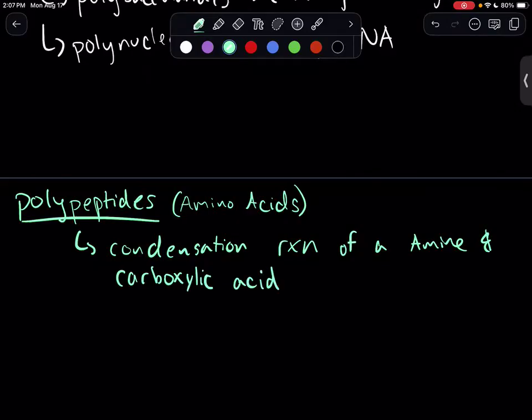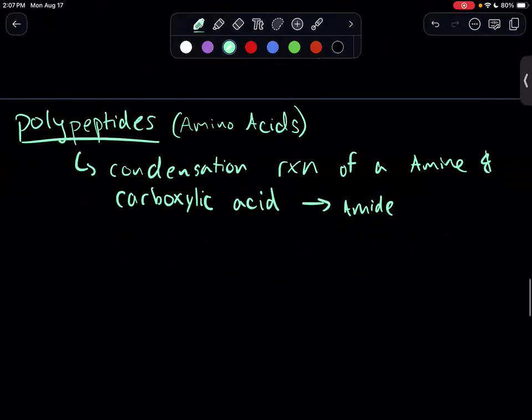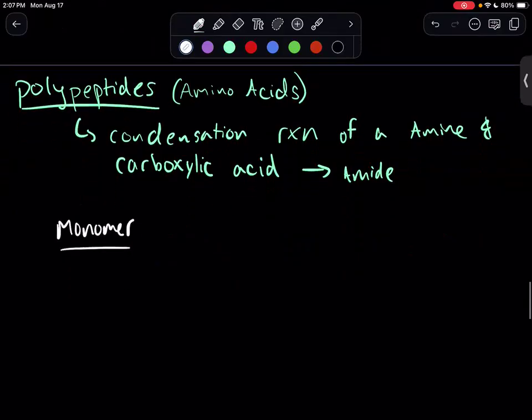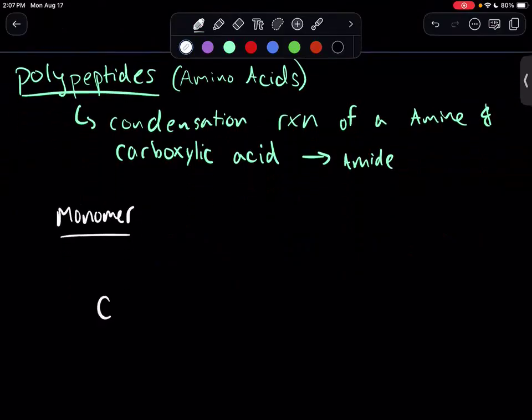Therefore, amine plus carboxylic acid is amino acid. Now, we do know that these are going to therefore make an amide, just like we saw right before. So when we look at the monomer of an amino acid, we have a pretty cool structure here. We have our central carbon with an R group. That's what differentiates the different amino acids. Bonded to a hydrogen, bonded to a carboxylic acid, bonded to an amine.